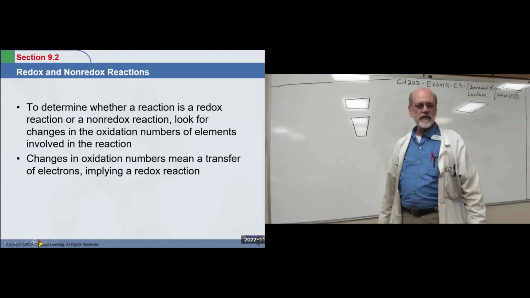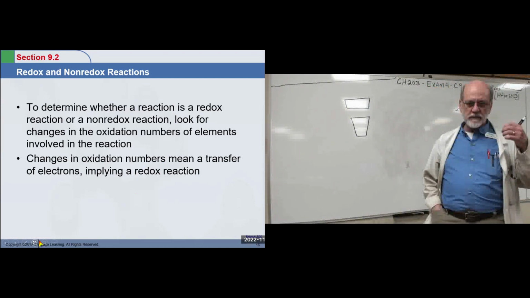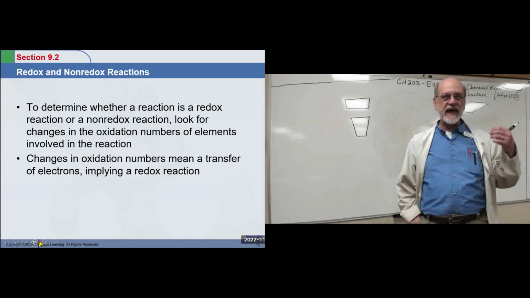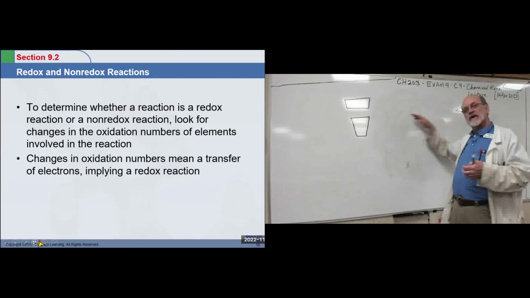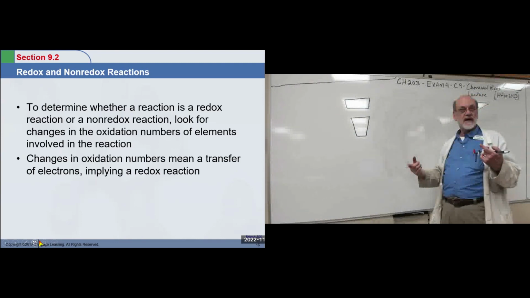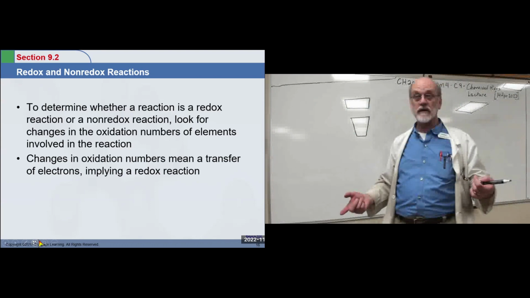Okay, so to determine whether a reaction is either redox or non-redox, you calculate the oxidation numbers for the elements, and you look at the element on one side of the reaction versus the other side and see if its oxidation state has changed. If its oxidation state has changed, then yeah, you have transferred electrons.